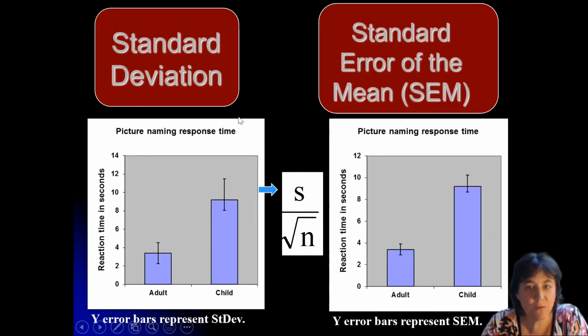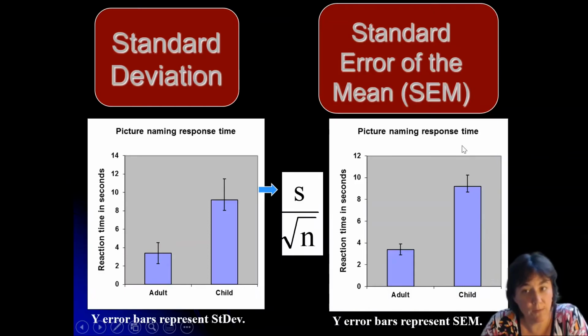This is just to show you, if you want to demonstrate variability, for example, showing that picture naming response time is not only slower for children, but also more variable, you can do it by adding the standard deviation on the error bars, but you can also use the standard error of the mean on the error bars.